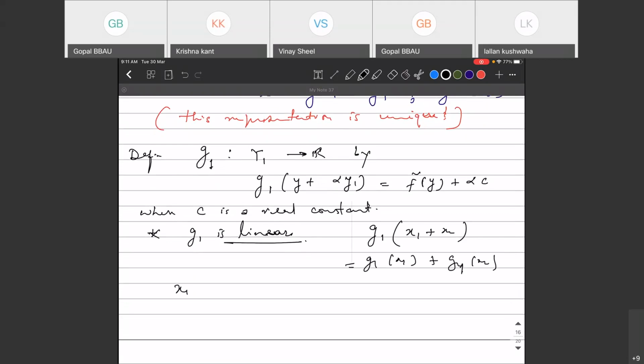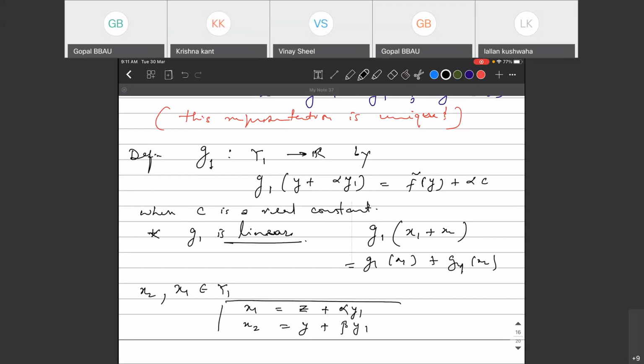Where x1, x2 belong to Y1. So this means x1 can be represented as, say, z plus alpha y1, and x2 is represented as y plus beta y1.